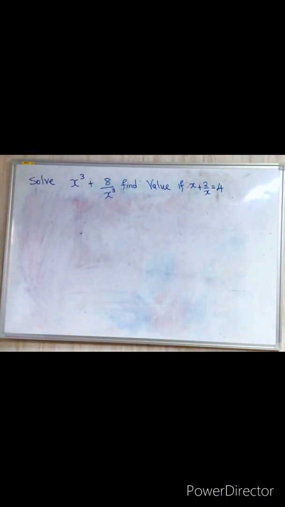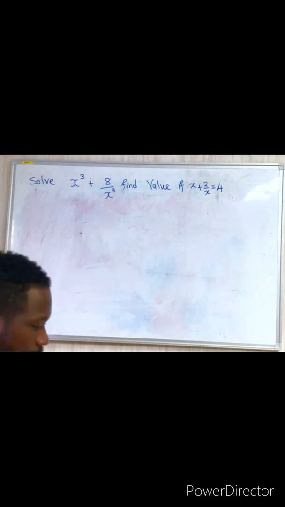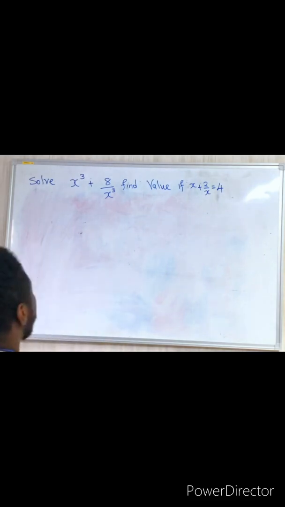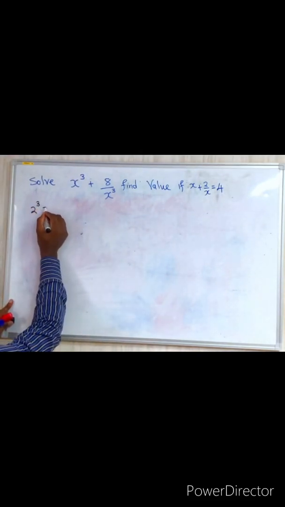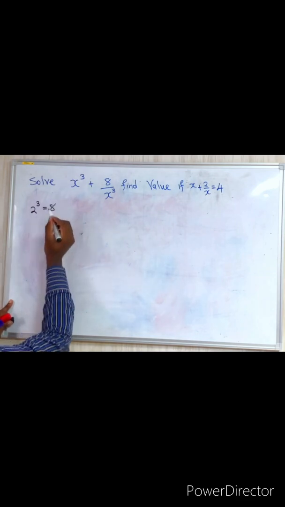Okay, we have another question. It says, solve x cubed plus 8 over x cubed. Find the value if x plus 2 over x is equal to 4. Okay, so one thing we have to know is 2 to the power 3 is equal to 8.